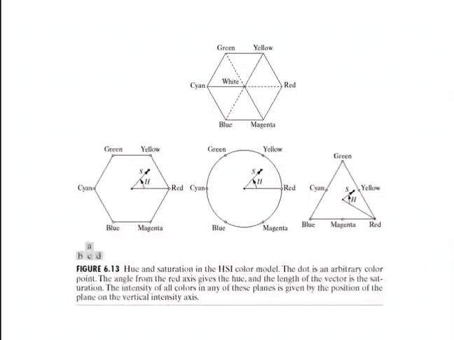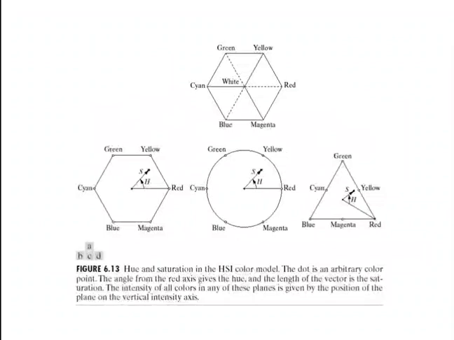In this plane, we see that primary colors are separated by 120 degrees and the secondary colors are separated by 60 degrees from the primaries, which means that the angle between the secondaries also is 120 degrees. Figure B shows the same hexagonal shape and an arbitrary color point shown as a dot.